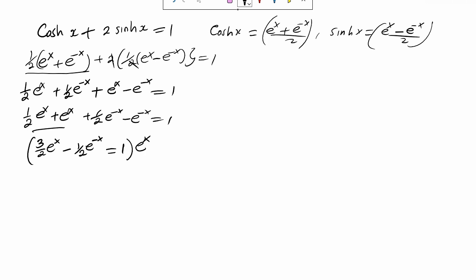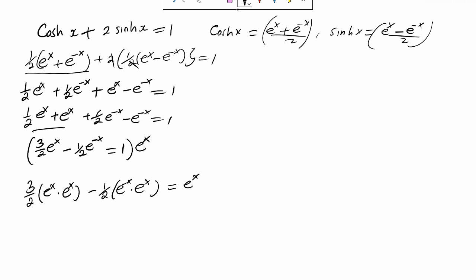If you multiply here, this is 3 over 2 multiplied by e raised to x times e raised to x, minus a half into e raised to negative x times e raised to x, and the right side is equal to e raised to x.